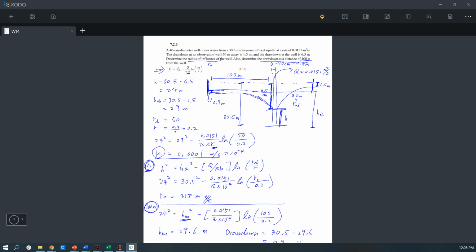After that, you can apply it one last time for solving the drawdown at an observation well that is 100 meter away from the well.